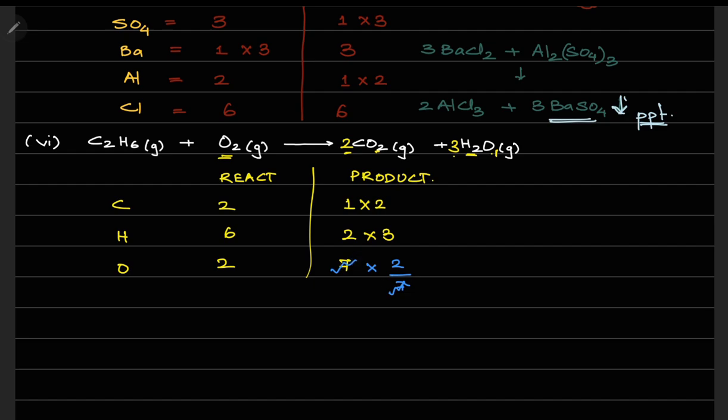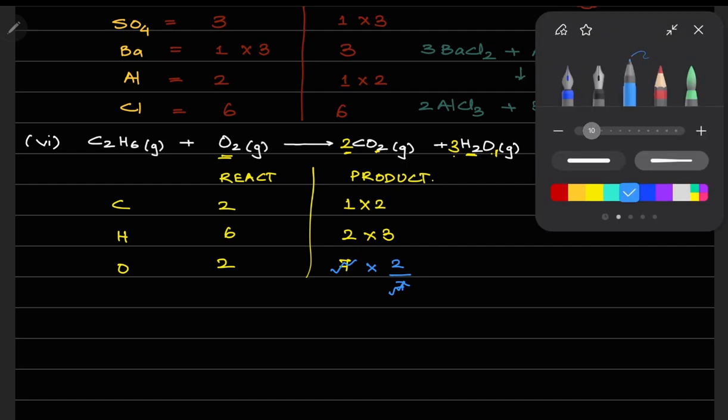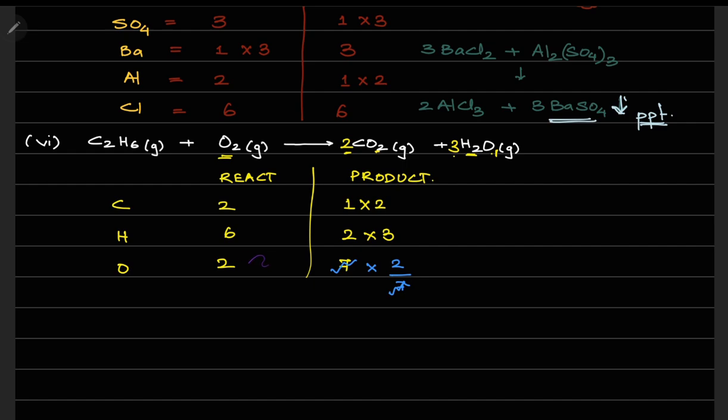This is my first option. The second option that I can have over here is I would multiply 2 with 7 by 2. So 2 and 2 would get cancelled off, 7 will become equal to 7. So what is my first option?